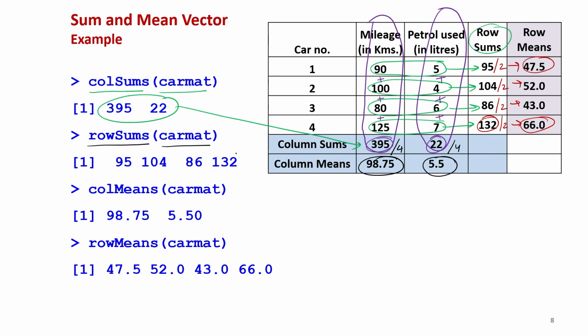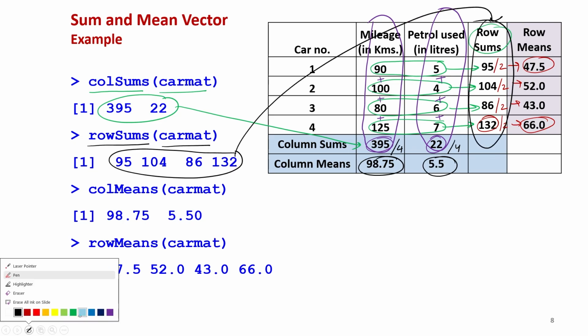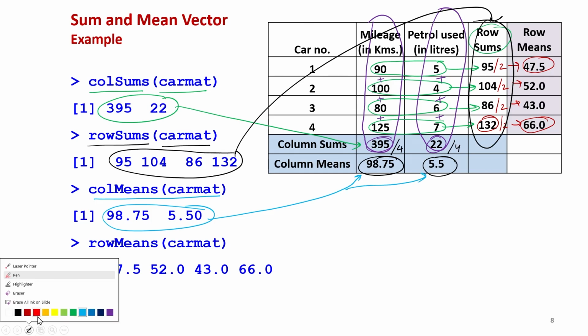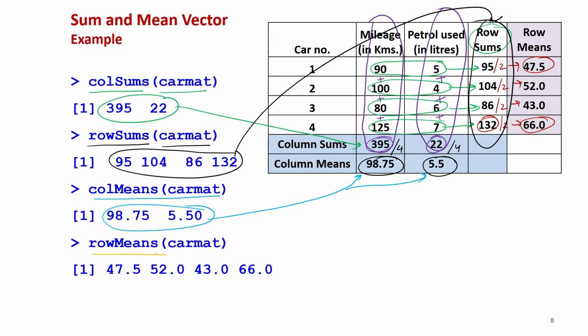You can see these are the 4 values which are coming here, right. Then you find colMeans of this carMat. So these are 98.75 and 5.5. And after that you obtain rowMeans of carMat. So these are the 4 values which are coming in the row means.